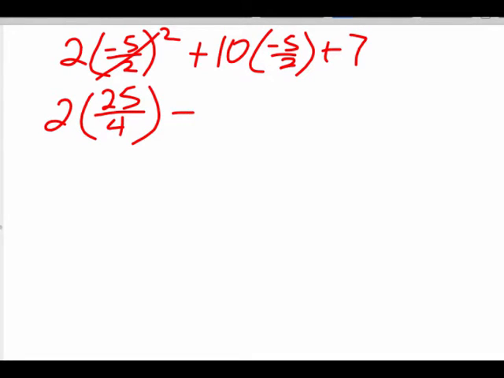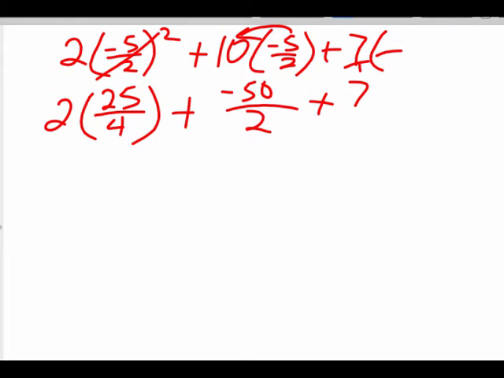When I multiply this out, I get plus negative 50 over 2 plus 7. But I could write 7 like this, 7 over 1 times 2 over 2. And so then that would change this to 14 over 2. I did it by 4 because I made a mistake, but that's okay.